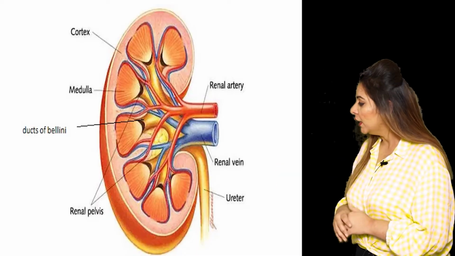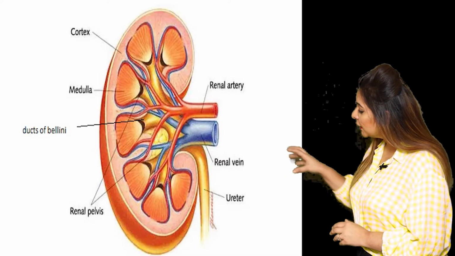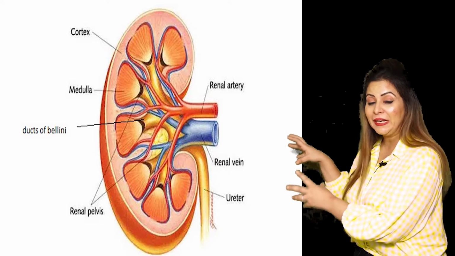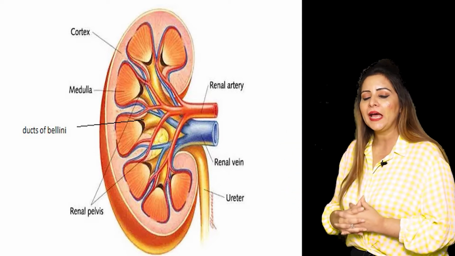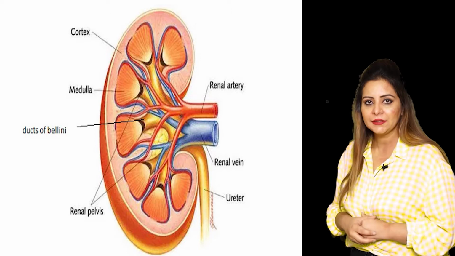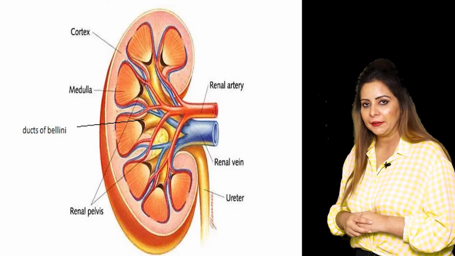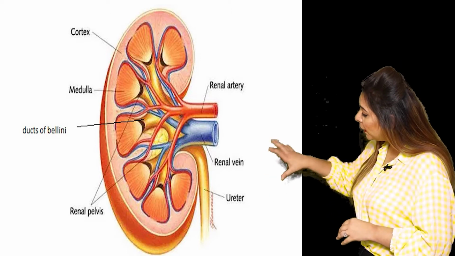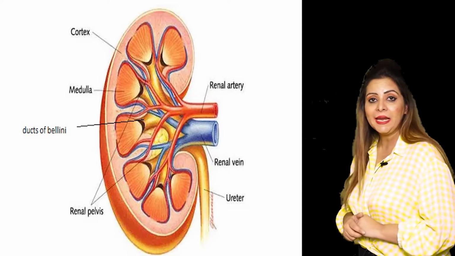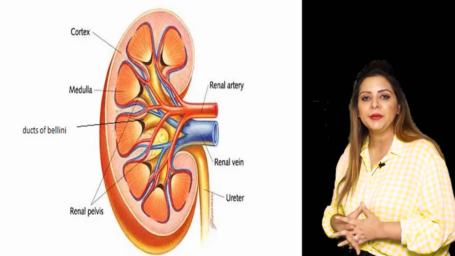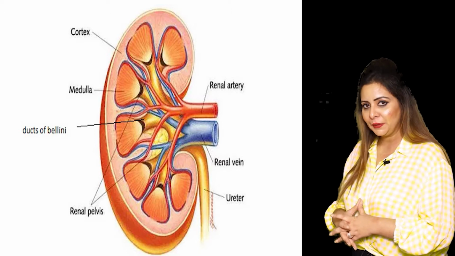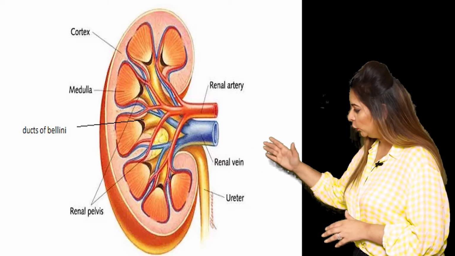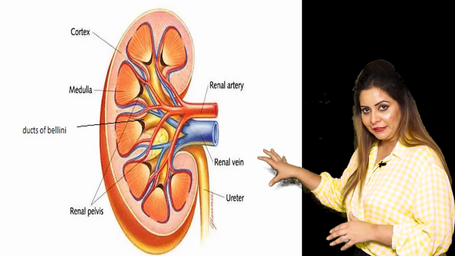Now, in the medulla, you can see that there are a few ducts which are linked together. They are called ducts of Bellini. And this pyramid sort of structure which you can see inside, they form renal pyramids. So, cortex, medulla, the renal pyramids.